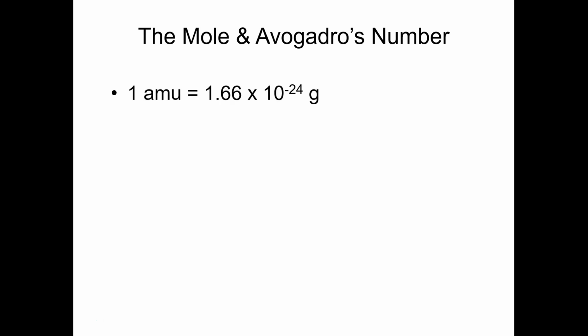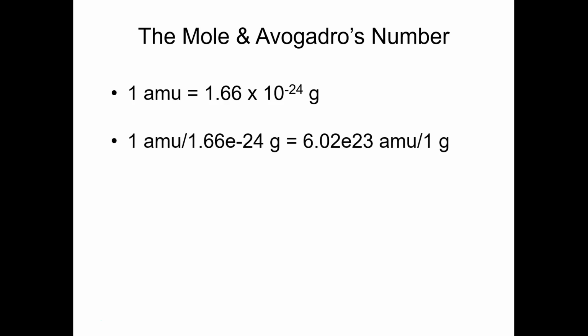If you're at St. David's watching this, we talked about this in class: the atomic mass unit, which is what we think of when we're figuring out the mass of atoms and the mass of molecules. An atomic mass unit is equal to 1.66 times 10 to the minus 24th grams. And so we can create a ratio out of that, 1 AMU per 1.66 times 10 to the minus 24th grams.